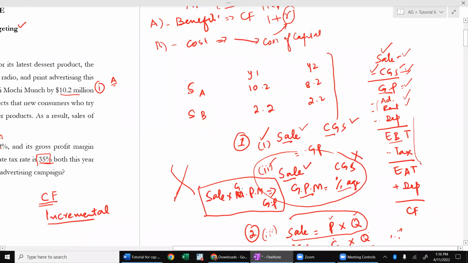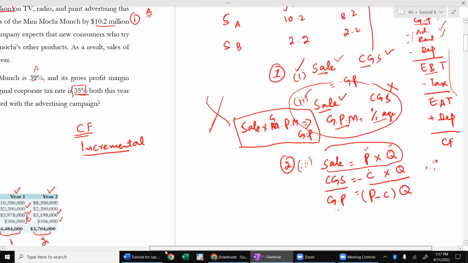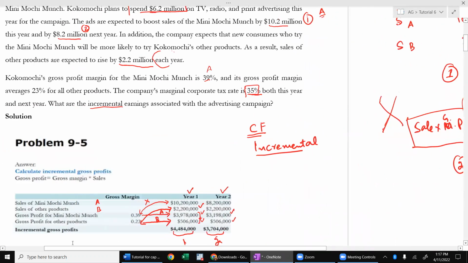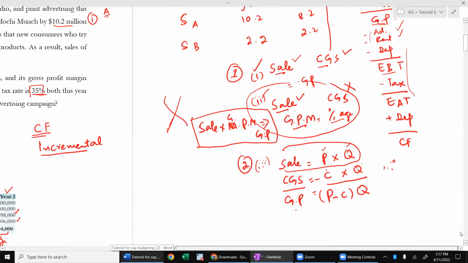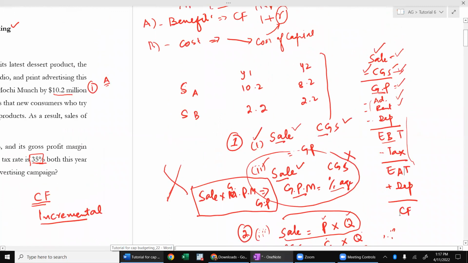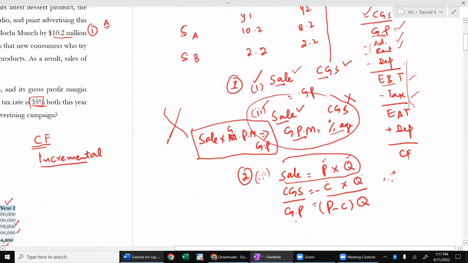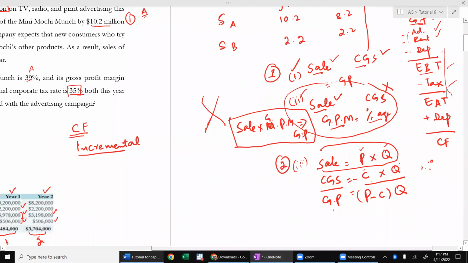Incremental means, if you make a decision, what is the outcome of that decision in our decision making. Let's take an example. Please remember that this incremental concept applies to every component that you see here. It could be everywhere, but normally we say incremental sale, incremental gross profit.